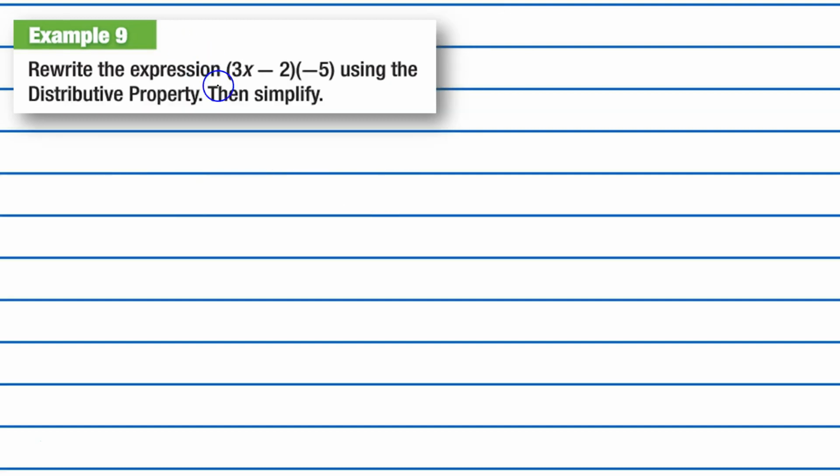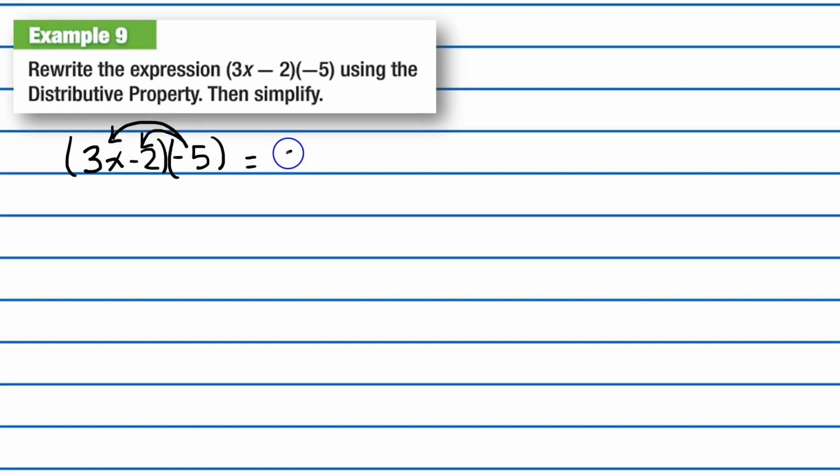Now, let's rewrite the expression 3x minus 2 times negative 5. So in this one, I'm going to show the arrows a little differently, just so it's a little easier for you to see.